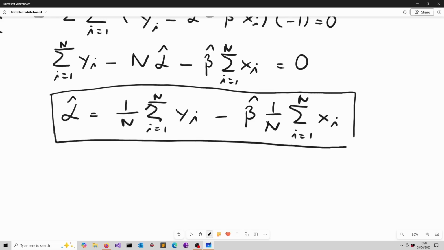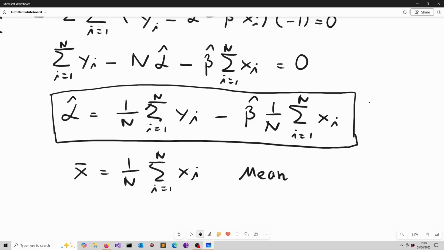And now we introduce the arithmetic mean. What I mean by that is x upper bar is defined as 1 divided by n, the sum from 1 to capital N of xi. And of course the same applies to any other random variable. So that's basically our mean estimate, and we now use it in our equation.